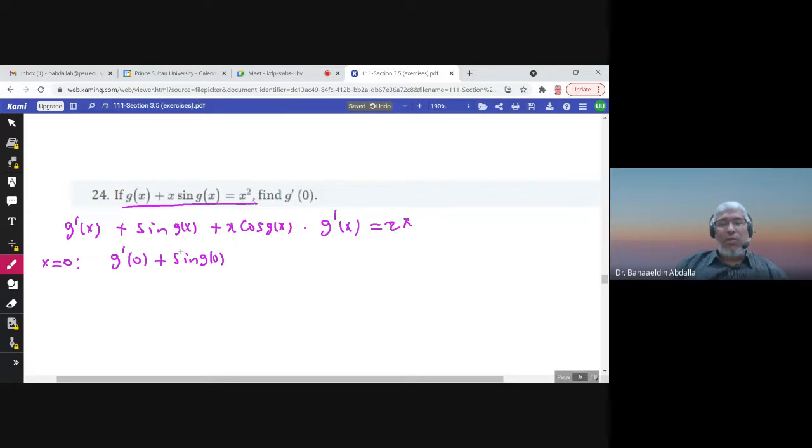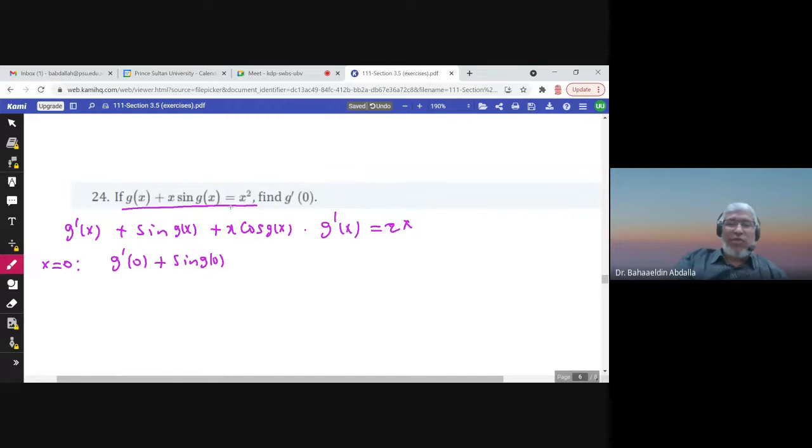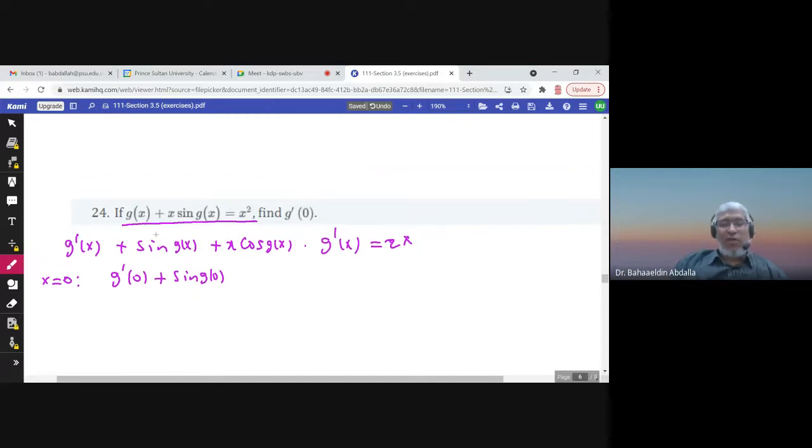But we don't have g here. So I need to find g of 0 from this equation. Here I can't take a shortcut, because this is sine g of x. It's not a product.